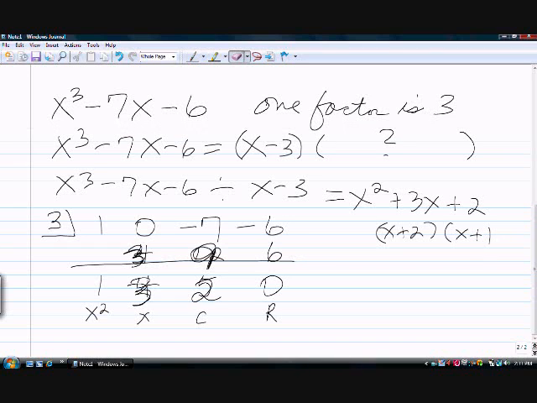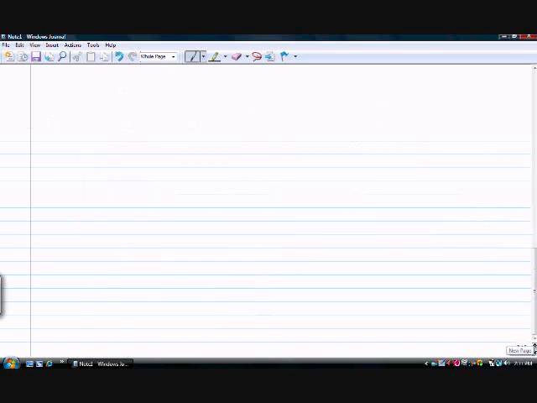So the factoring for x cubed minus 7x minus 6 is x minus 3 times x plus 2 times x plus 1. Pretty cool.